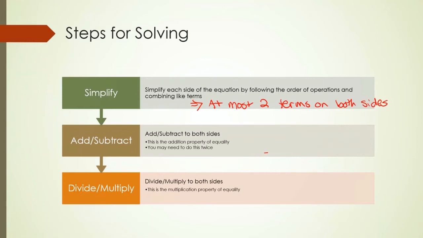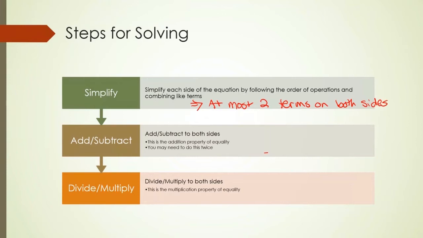From there, we start reversing the order of operations to solve. When you're simplifying, you follow the order of operations: multiplication and division happen first. When you're solving, you reverse that. So we do the addition and subtraction first, and then the division and multiplication. So you're going to add or subtract on both sides, and that is using the addition property of equality.